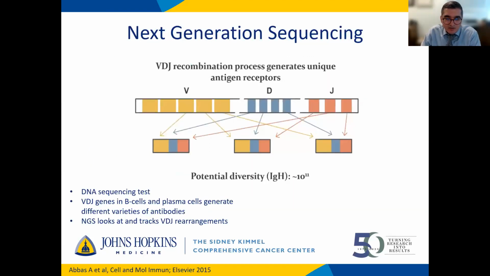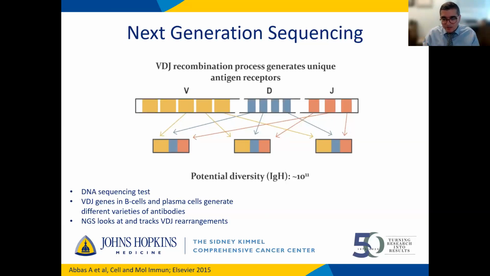When you look at what's called next generation sequencing, which is the test that I like to use, that I'm a fan of, we find that what this test does is that it looks at the DNA sequence. It is looking for bits and pieces of the DNA of myeloma cells inside the bone marrow. And how it's doing that is by looking at this VDJ sequence, which is what's next generation about it.